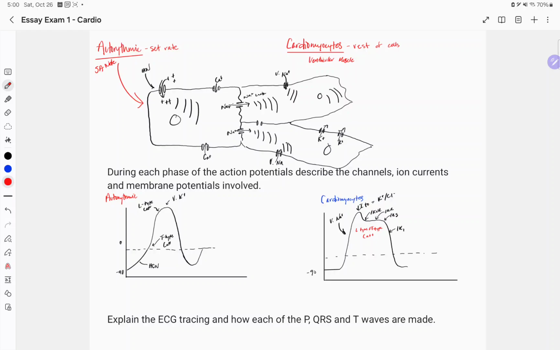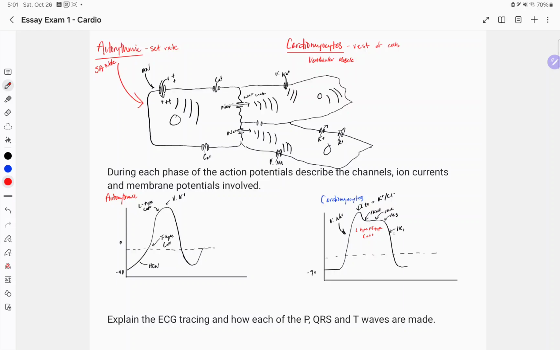charges, nothing's really changing there until you get here to your IKs and IK1 channels opening, and then that is causing potassium to leave faster than calcium is coming in, and these calcium channels may begin to close.